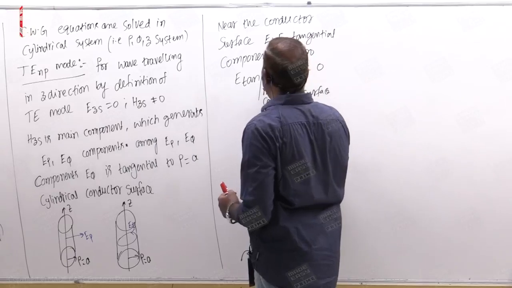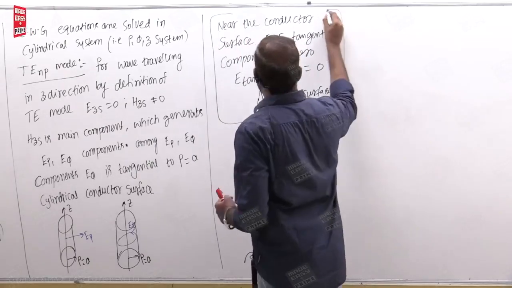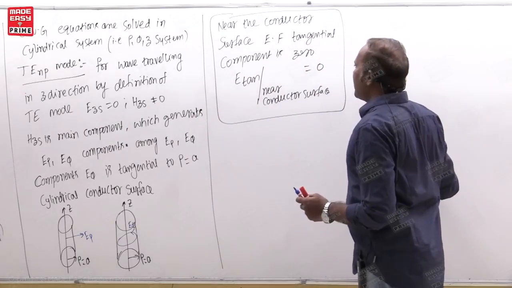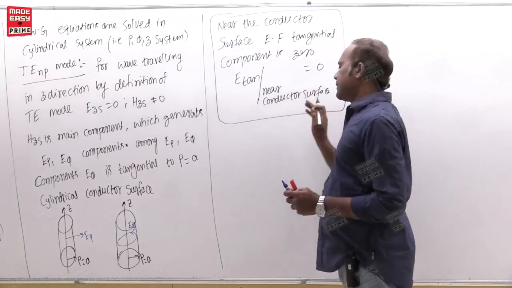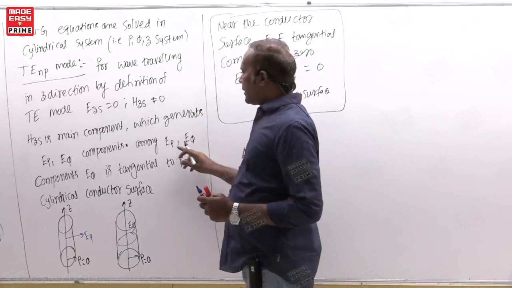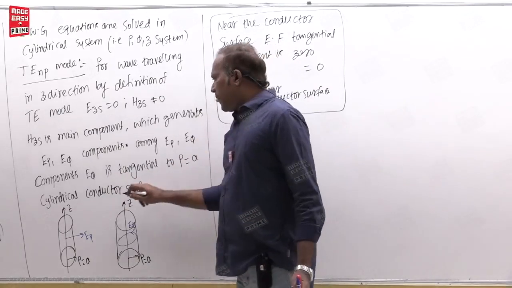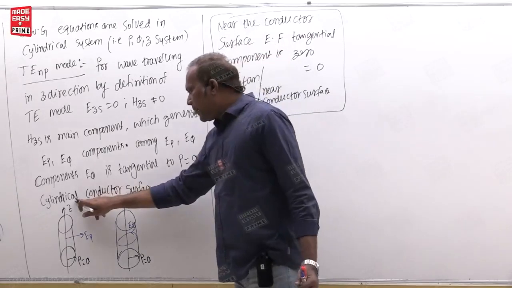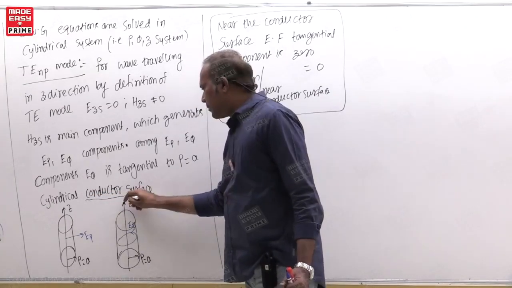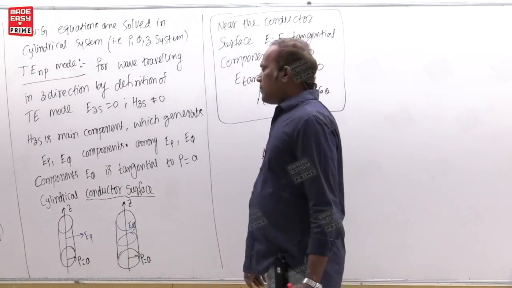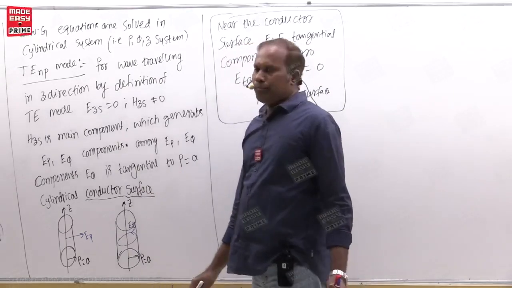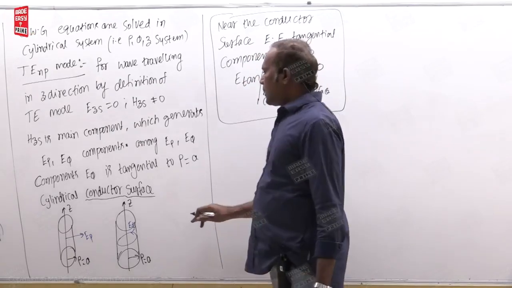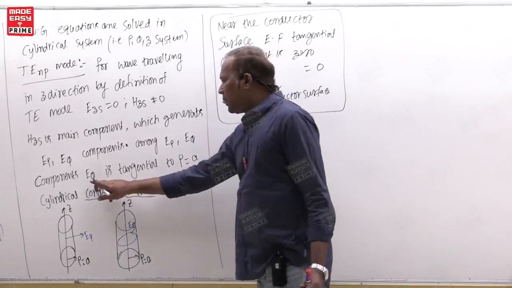This statement is applicable for any case. This is a general discussion, not only for circular, but for anywhere. Here, see carefully what is written. Among E rho and E phi components, E phi is tangential to the rho equal to a cylindrical conductor surface. You got the point? What is the radius of that cylindrical conductor surface? Rho equal to a. Now which component is tangential? E phi.